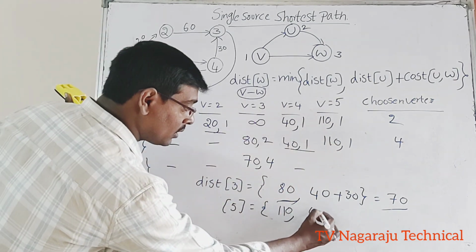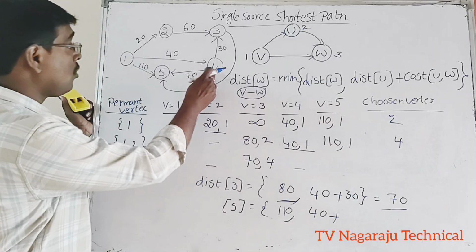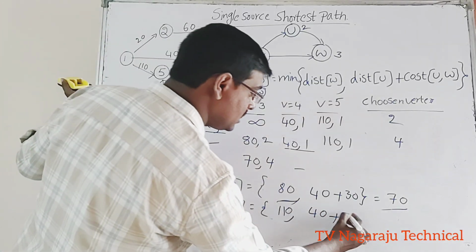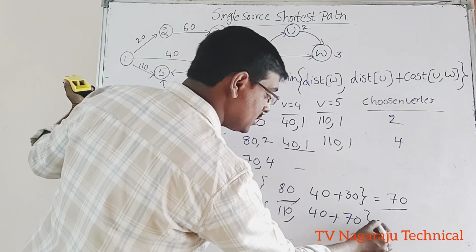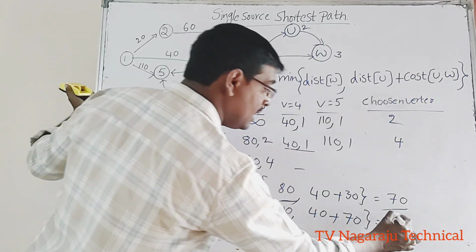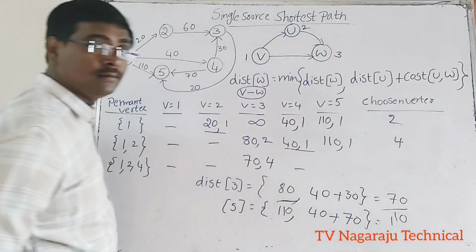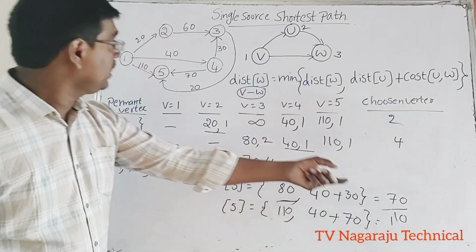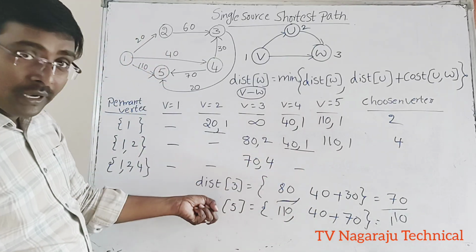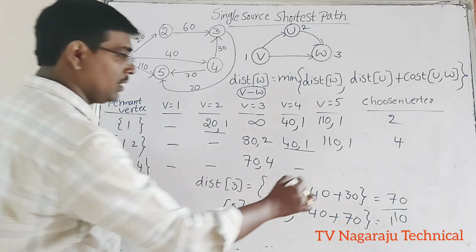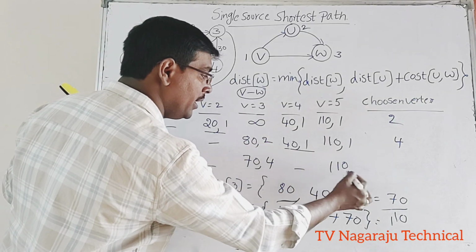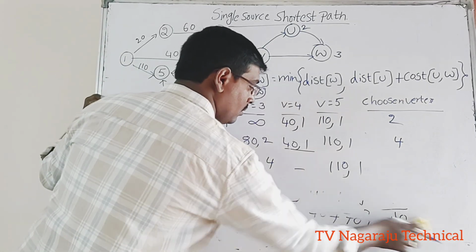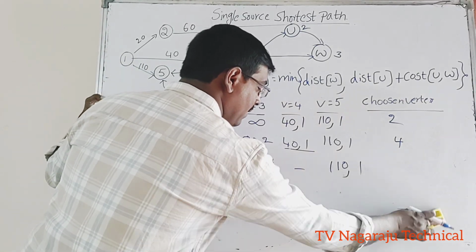Now up to 4 the cost is 40. 4 to 5, the cost is 70. So this is 110, this is also 110. Which one do you consider? Not a problem. With the intermediate also it is 110, without the intermediate also the cost is 110. So no need to update the value.